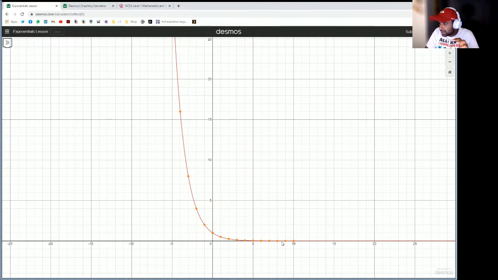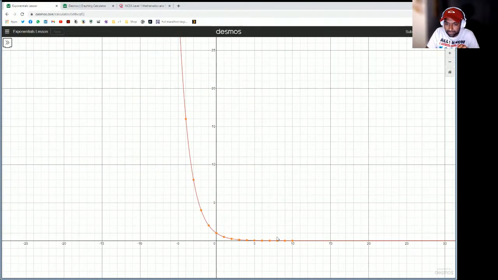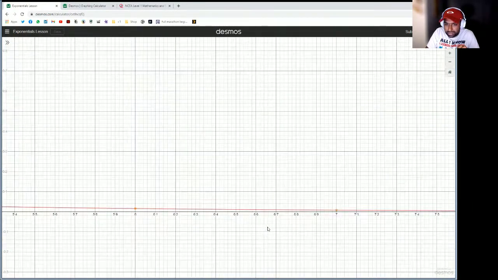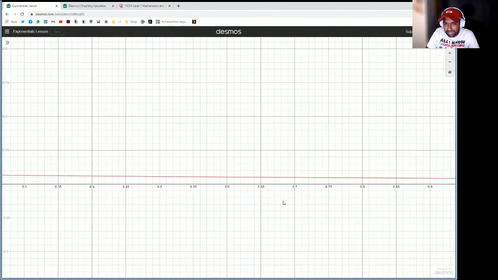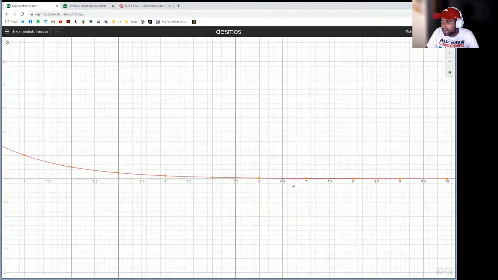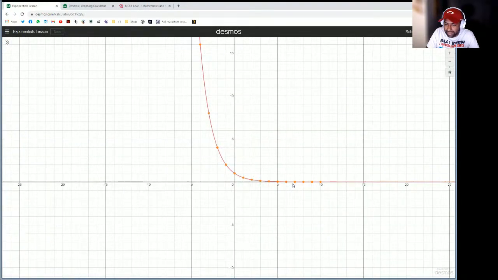Someone asked me earlier, what is an asymptote? Now this graph is never going to touch the x-axis, and that's because it's an asymptote. So if we just zoom in there, what you guys will see is that that line is never going to touch the x-axis, regardless of how far I go in the x-axis.